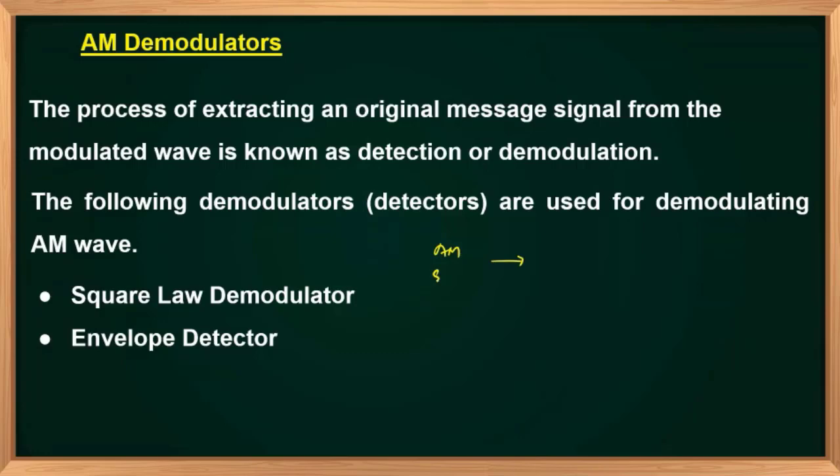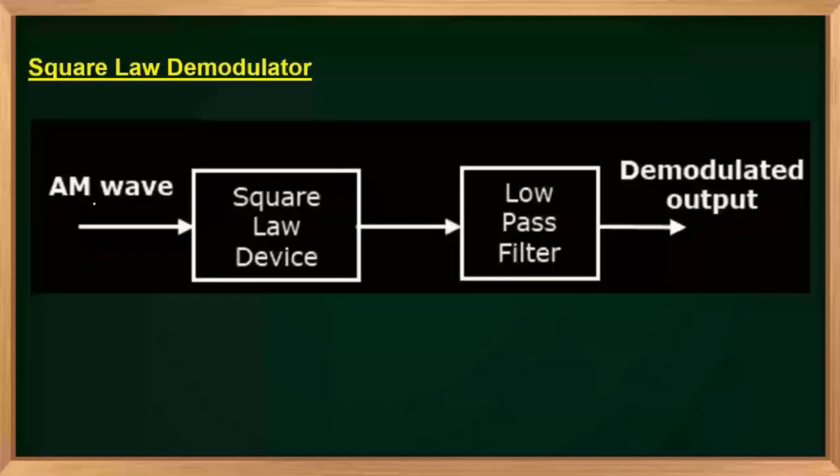The AM wave is passed through a square law device, a property of which is already discussed. It will produce an output proportional to the input signal, and there will be a component proportional to the square of the input signal. Now, we filter the output of the square law device using a low pass filter.